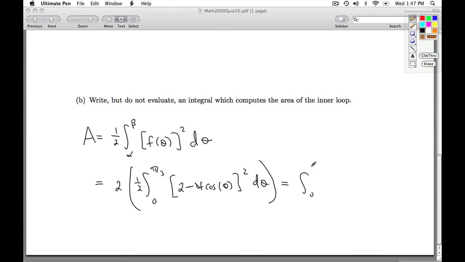So the integral from 0 to pi over 3 of (2 minus 4 cosine theta) squared d theta would then give me the area of the inner loop. So that'll do it for quiz 10.